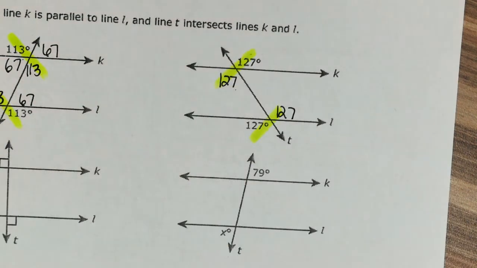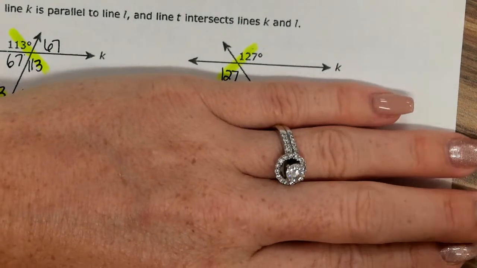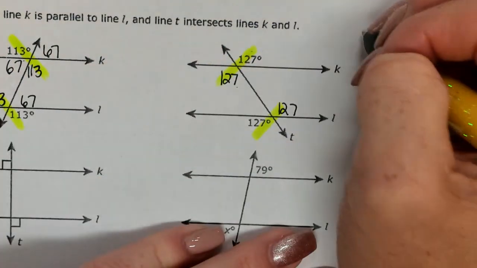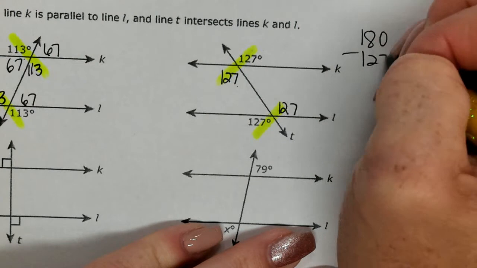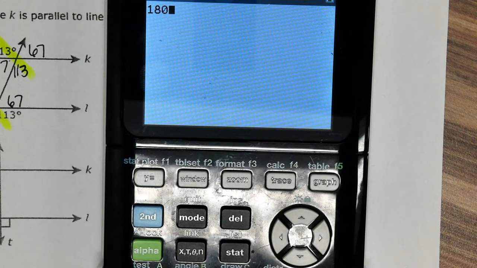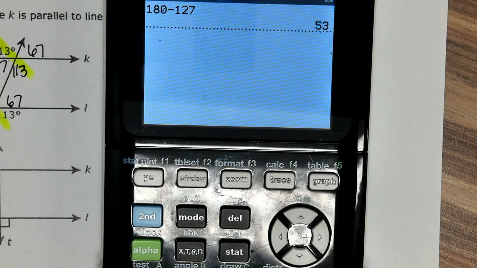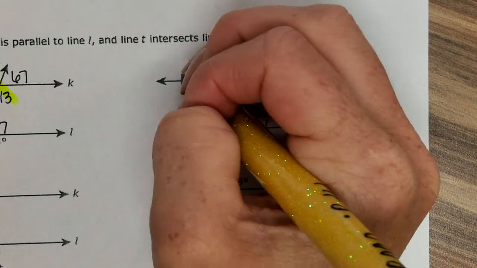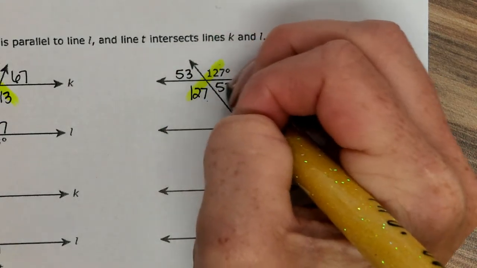Subtract from 180, because look, it falls on a straight line. So that means 180 minus 127 will give me that angle. So 180 minus 127, and what is it? That means all of the acute angles are 53.